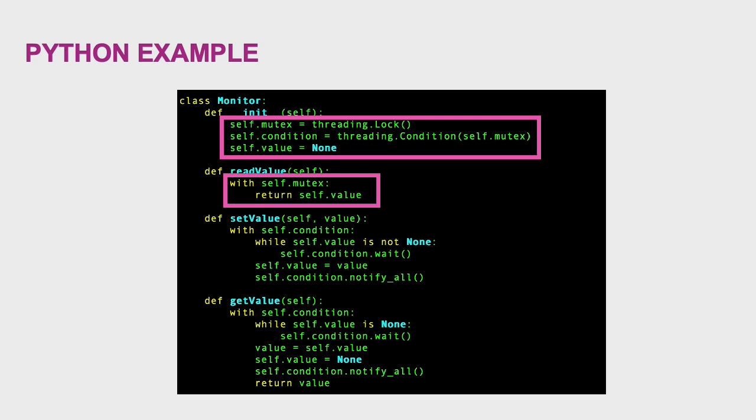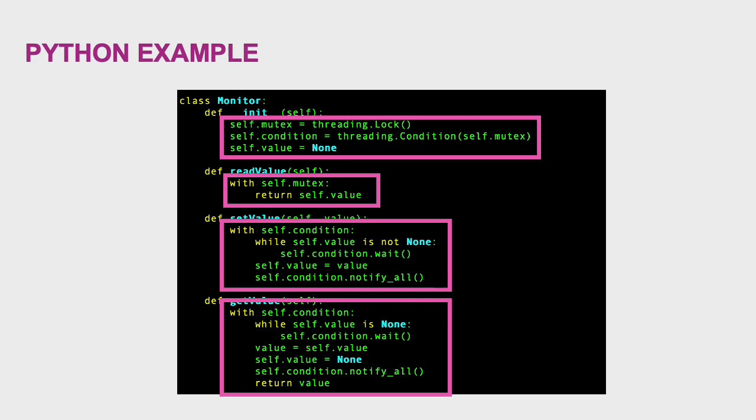With the read value method, we use the mutex to guarantee that just one entity is able to access the resource. So the mutex protects the access to the resource, and we can read the value without any interference from others. It's similar, for Java programmers, to the synchronized primitive. So it's very, very similar.